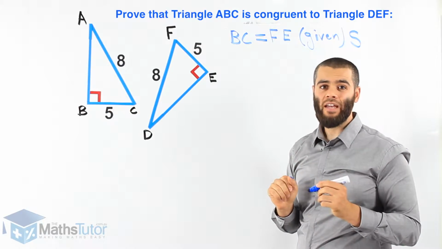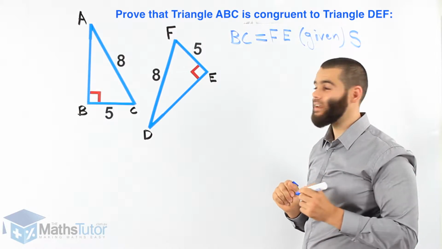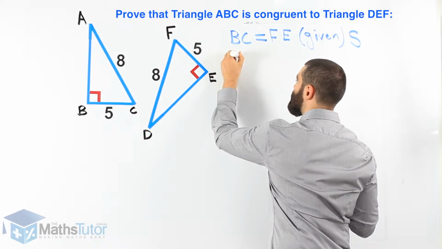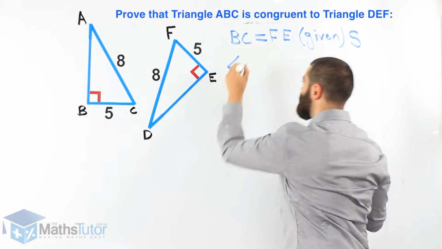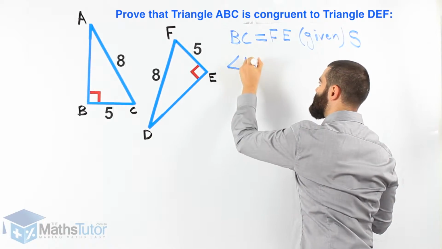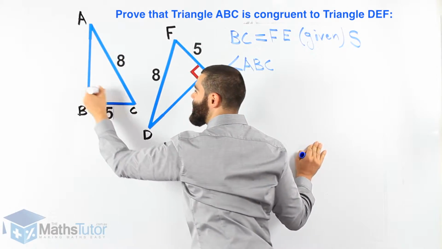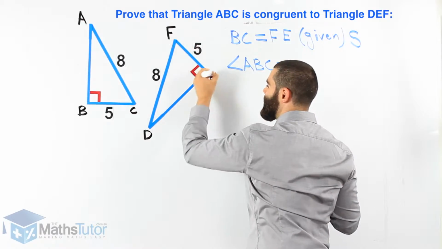The condition RHS, we need to find and prove the right angles are available as well. So we say angle ABC, the right angle there, is equal to angle FED.